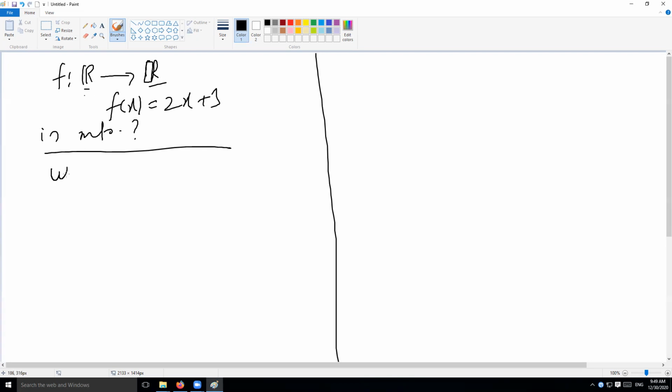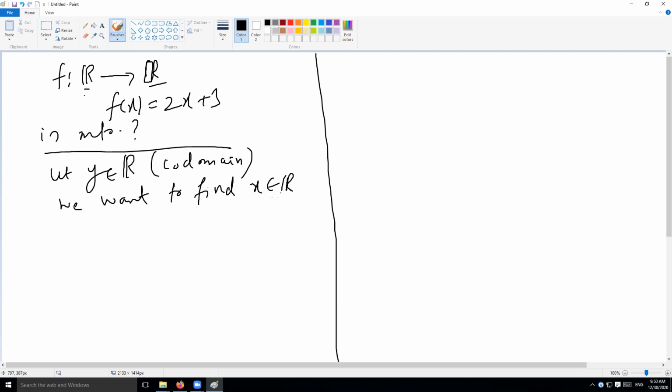So if I pick an arbitrary y from R, y can be anything; I have no idea what this y is. I am picking it from the codomain, and I want to find an x from the domain such that y equals f of x.